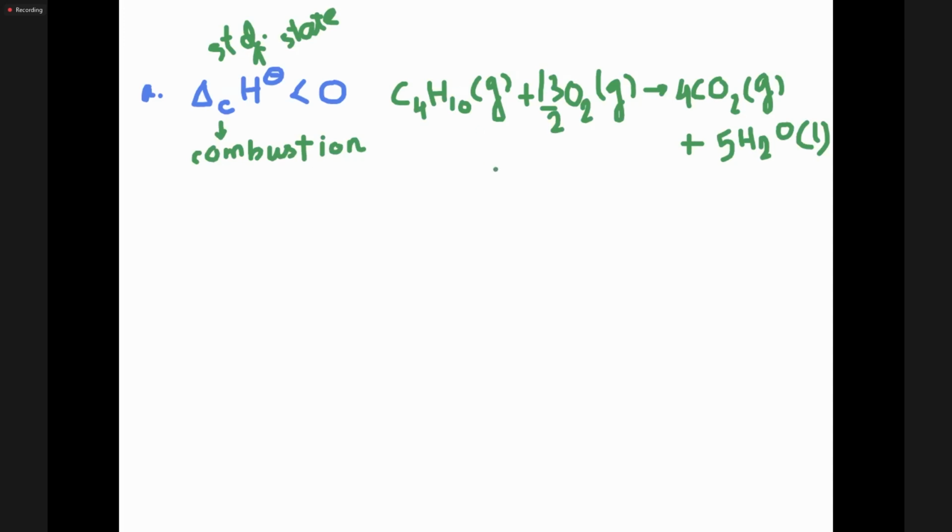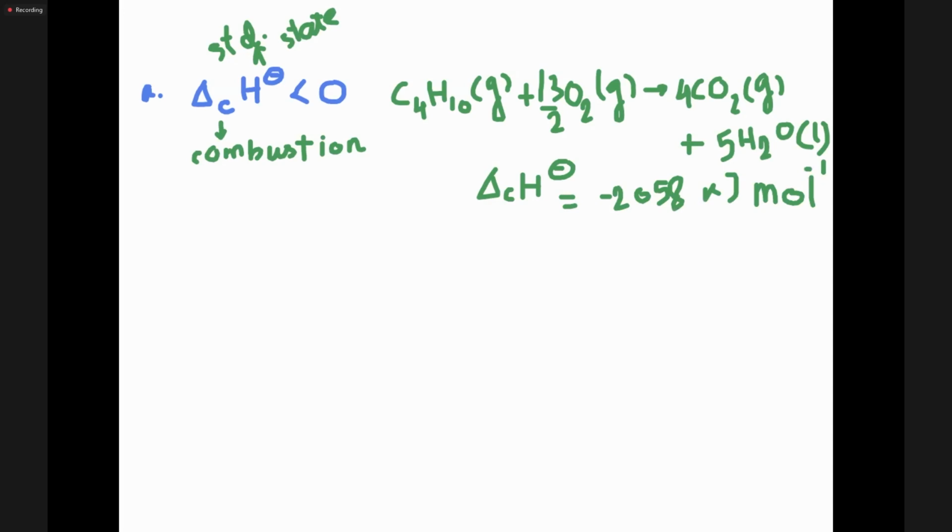And for this balanced equation, the delta CH minus value is minus 2658 kilojoule per mole. The delta CH minus value is negative.